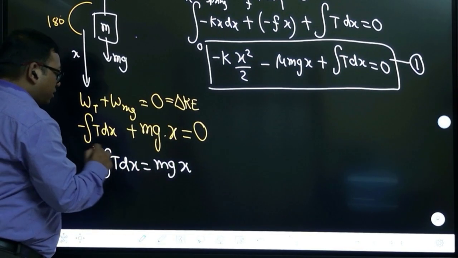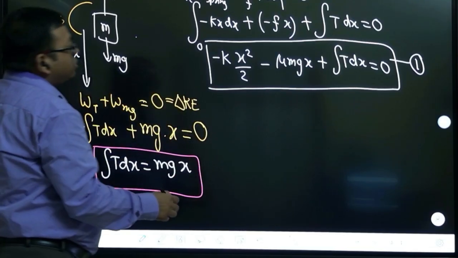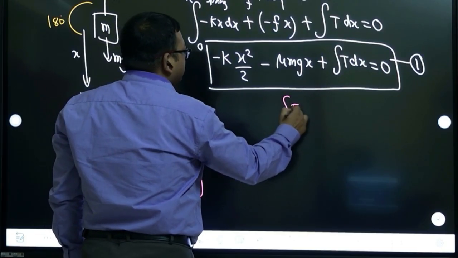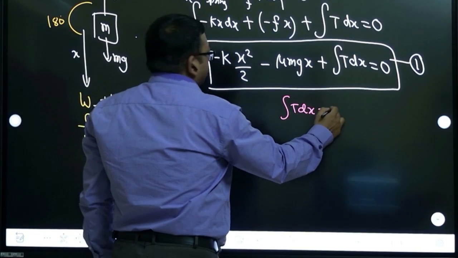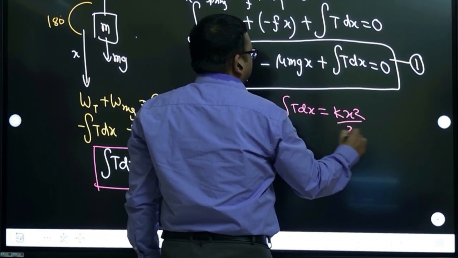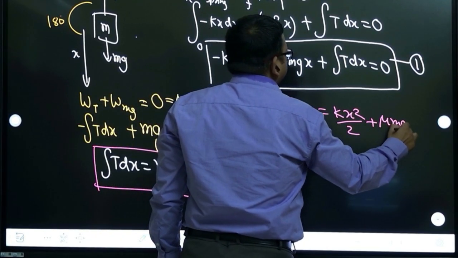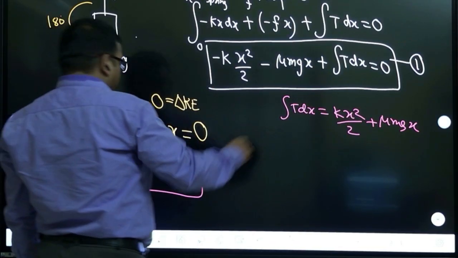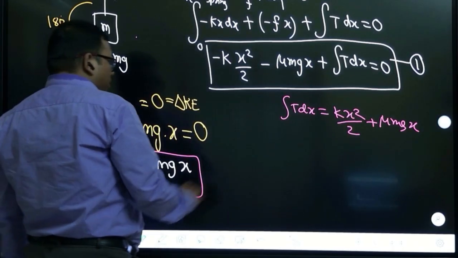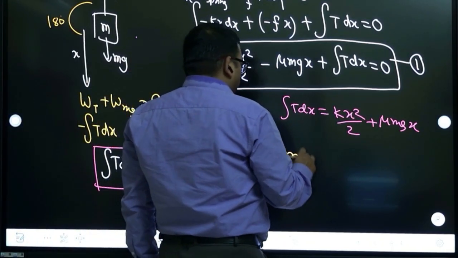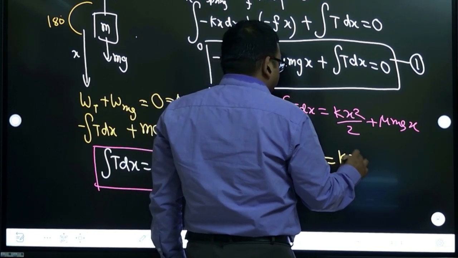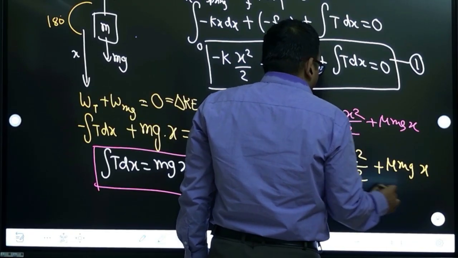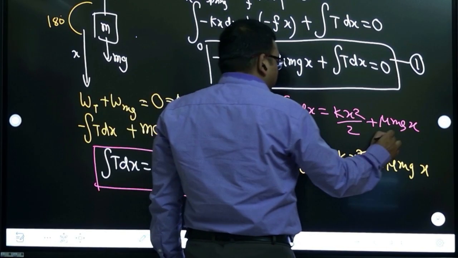Now this one you substitute in the first equation and solve. So T dx, from the first equation, is equal to kx square by 2 plus mu mgx, and from here this is mgx. So let us now substitute and solve. Now we have to just do computation. mgx is equal to kx square by 2 plus mu mgx. x terms can be cancelled.